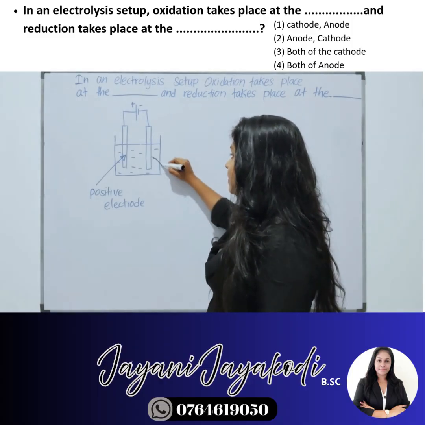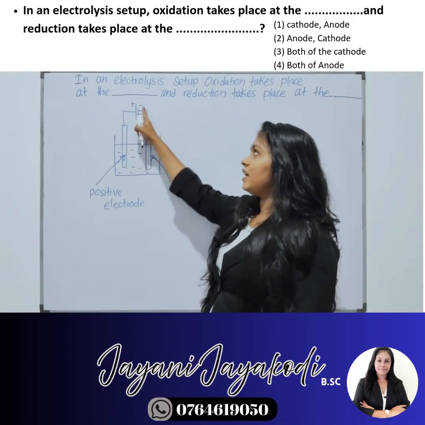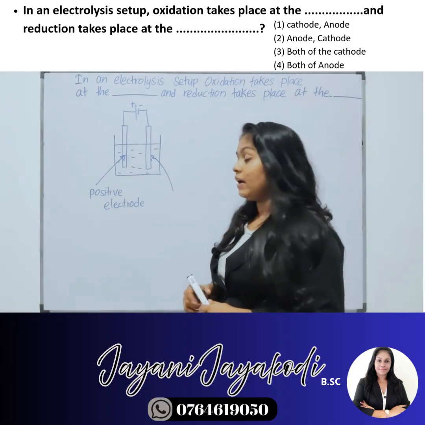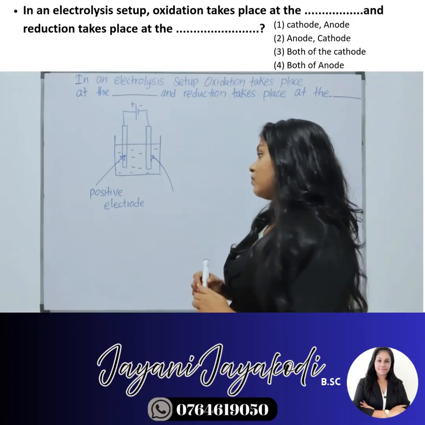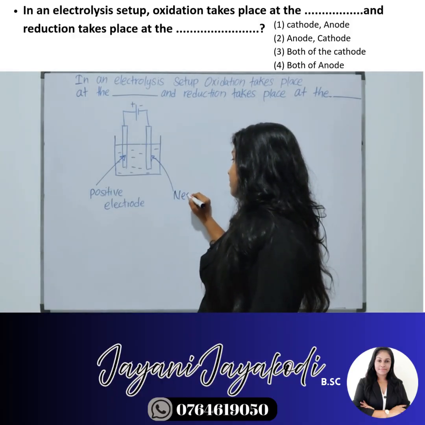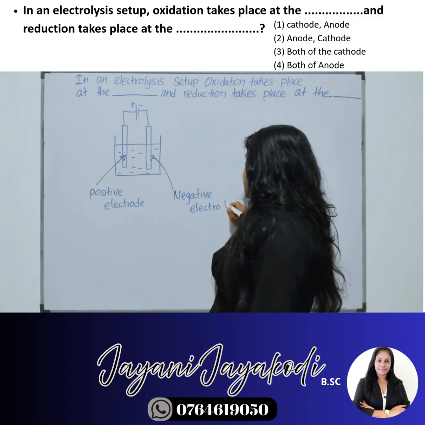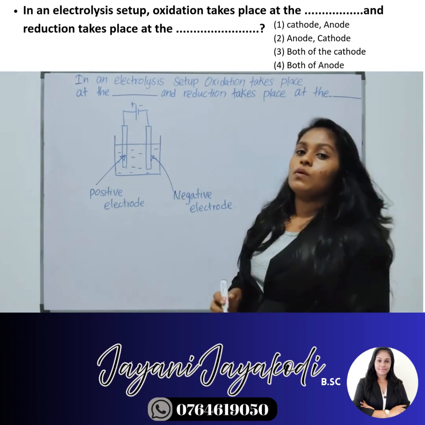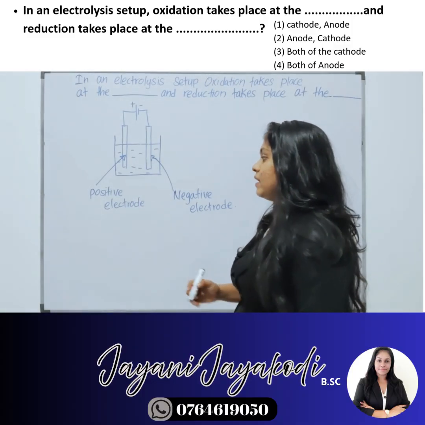What is this? This is the electrode which is connected with the negative side. Therefore, we write it as the negative electrode. The positive electrode we are going to name as anode.